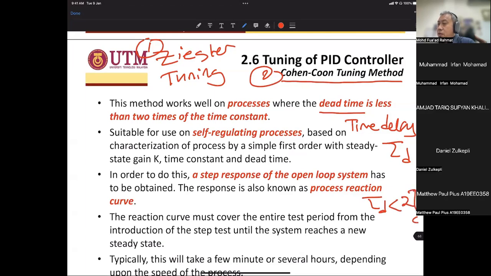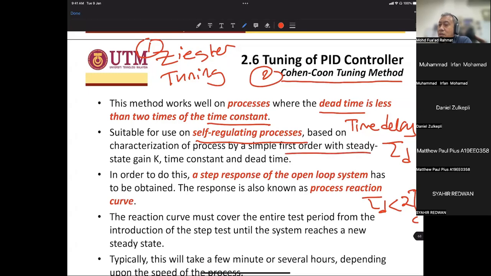TC is 63% of the final value of the output, where the time occurred, which is the time constant. It is suitable for self-regulating processes based on characterization of the process by a simple first order steady state gain K, time constant, and dead time.